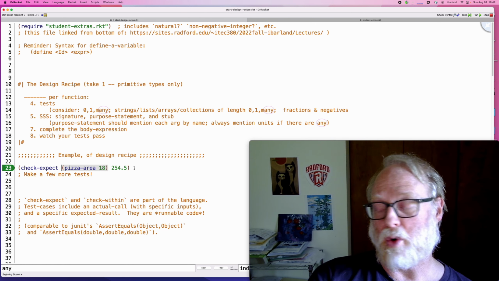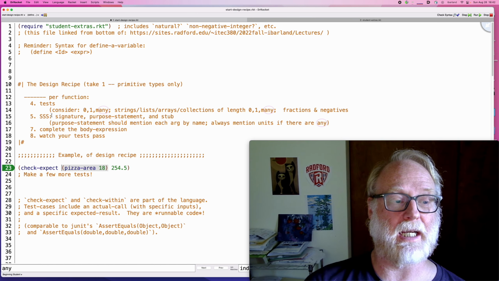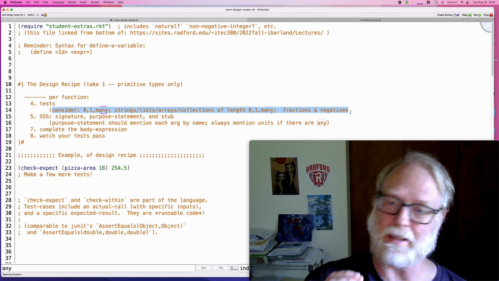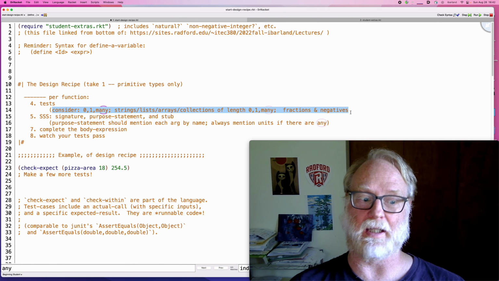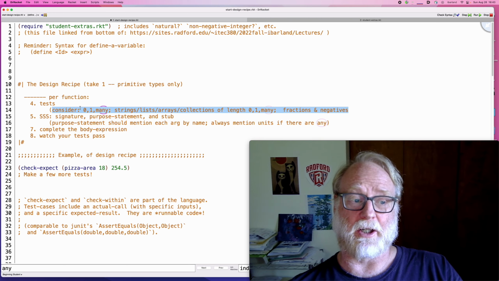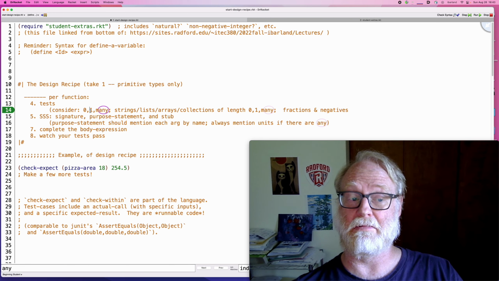Let's write some more examples, some more unit tests. And I have up here knee-jerk things you should consider. They don't always apply to every problem you write, but you should at least think of them automatically. For functions, if it takes in numbers, think about taking in 0, taking in 1, taking in a big number, many.